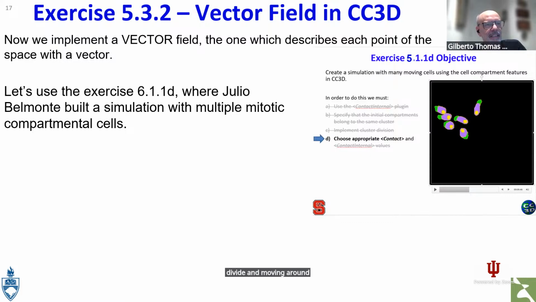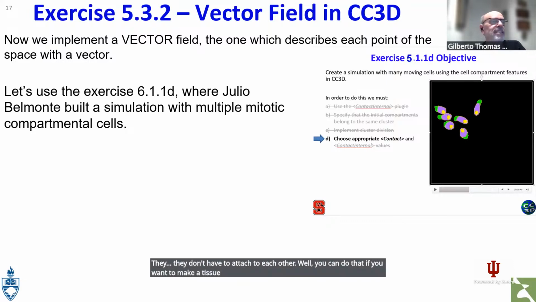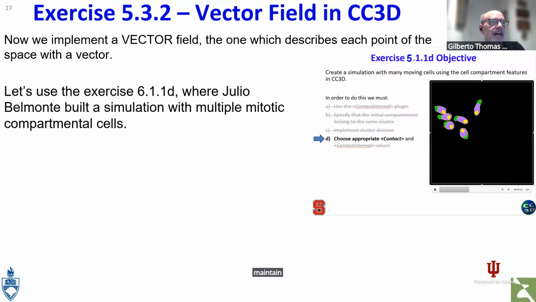And with a new approximated model, the compartmental cells, which make the cells know who is who. They don't have to attach to each other. Well, you can do that. If you want to make a tissue, you can modify the energies and make the cells stick together, but still they will maintain their own identity, even stuck together in a tissue, okay?